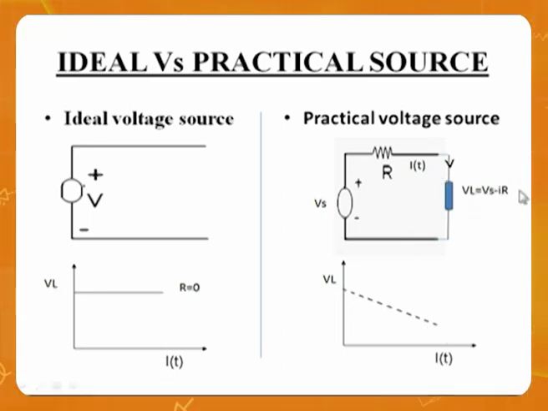Look here. If I is increasing, the drop is increasing. You can't change R here, because R is not something you connected, or somebody connected. It is the equivalent internal resistance. And if this internal resistance is 0, that is called an ideal source. So if it is not 0, there is some drop within.